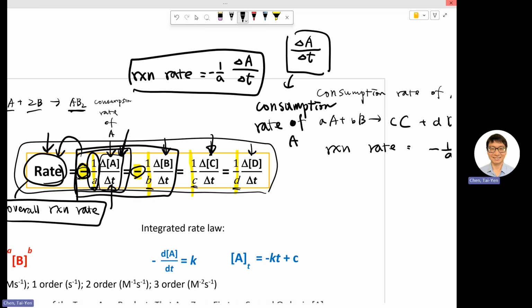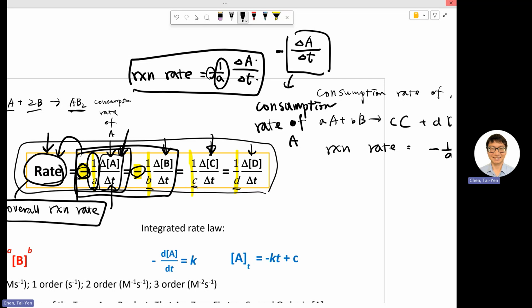Okay, so if it's asking the consumption rate of A, it's asking to calculate delta A over delta T, right? Of course, you know this is negative, so you want to put a negative sign in the front so that the rate becomes positive. But if I'm asking the overall reaction rate, it will be delta A over delta T, take the negative sign, and also normalize by the coefficient.